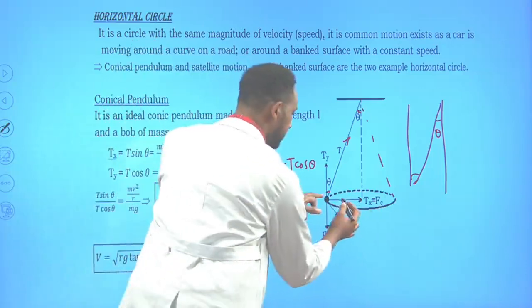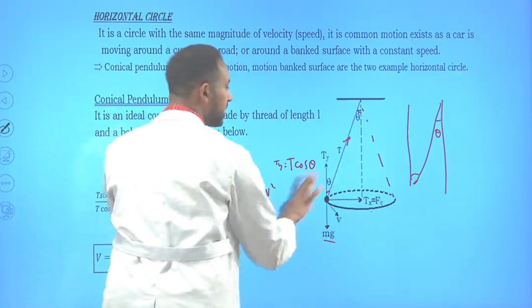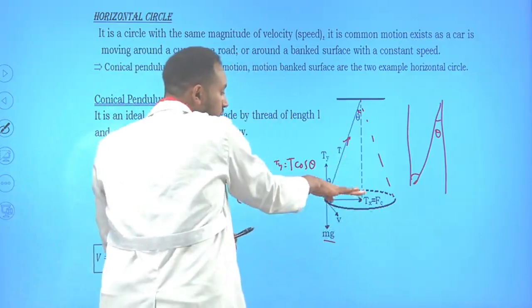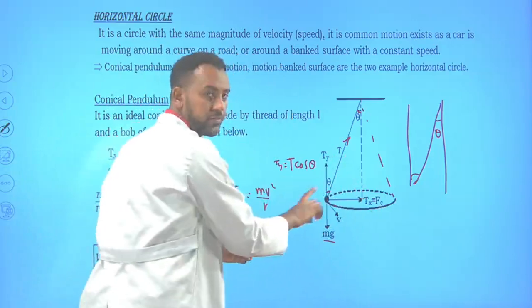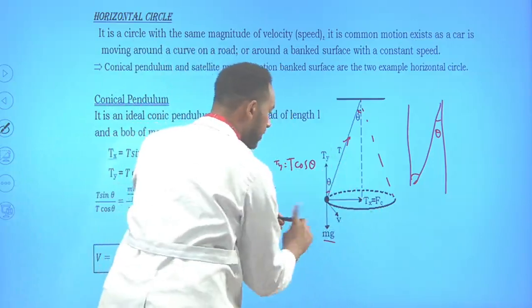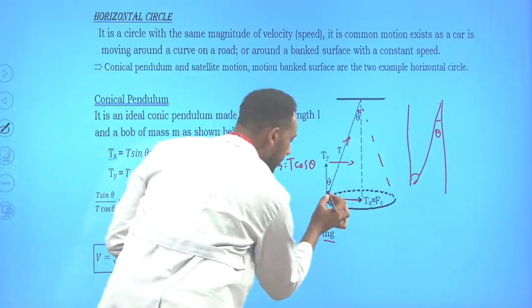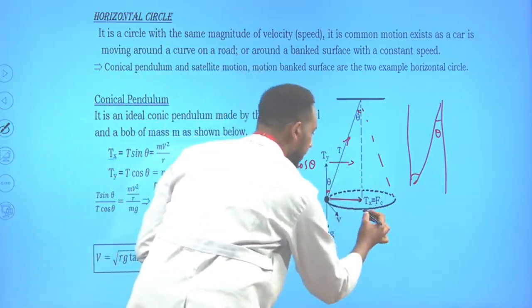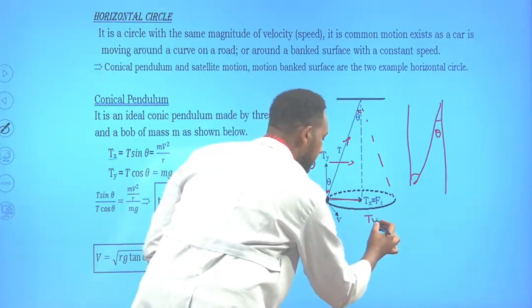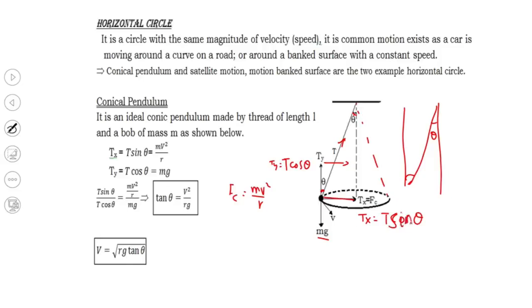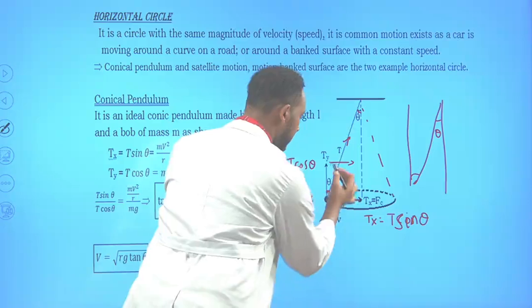Previously we said that the centripetal force appears due to the horizontal component of the tension. The horizontal component of the tension, which is this one, is opposite to this angle, so Tx is T sine theta. The opposite of this angle is sine.